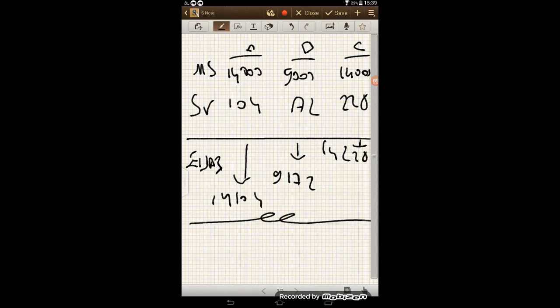For equivalent uniform annual worth, it is going to be equivalent uniform annual benefit minus equivalent uniform annual cost.